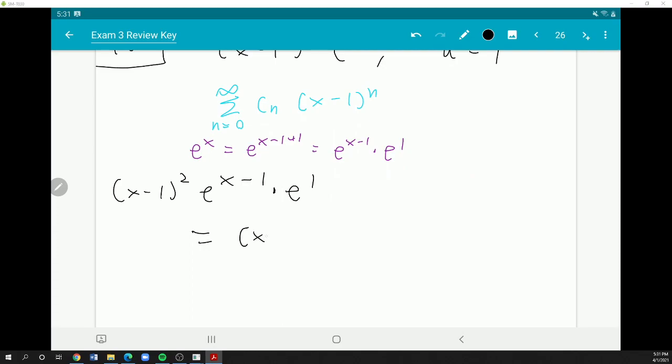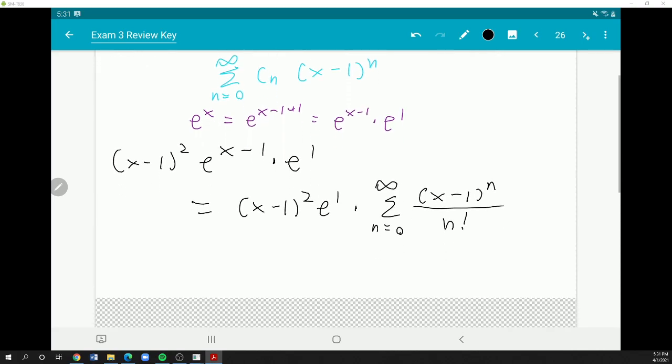So this is equal to the x minus 1 squared, can't do anything. We'll wait on the e, and now this is the sum n equals 0 to infinity. And this is just a formula you have to know, that when you expand e to the something, you get whatever's in the power to the n over n factorial.